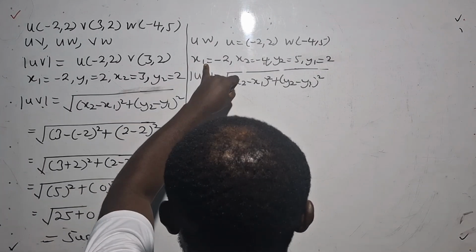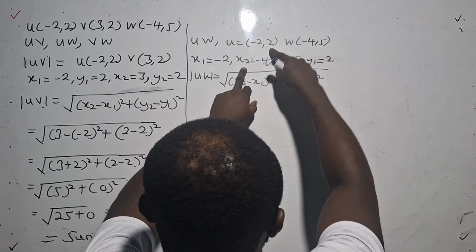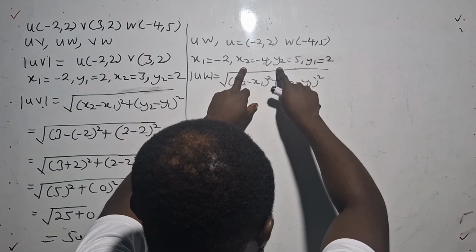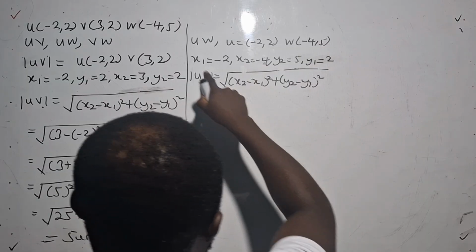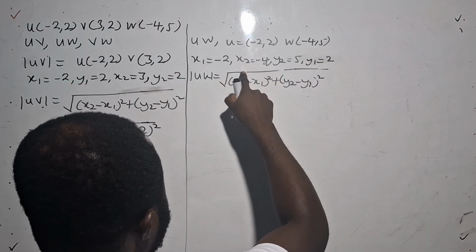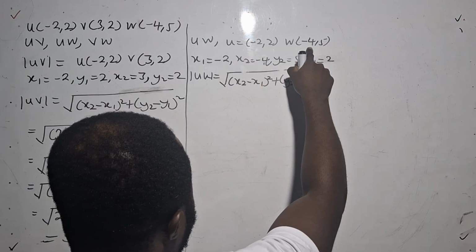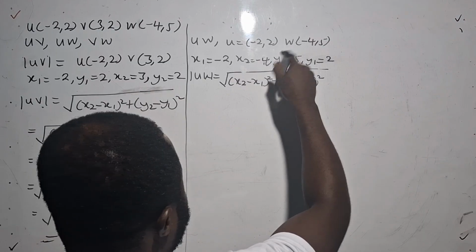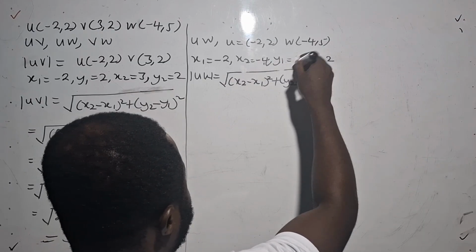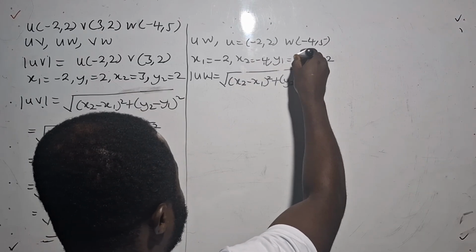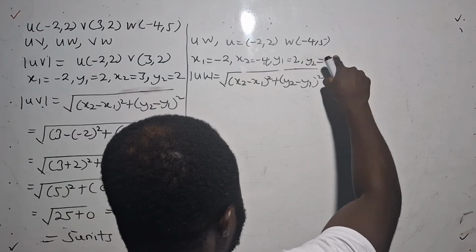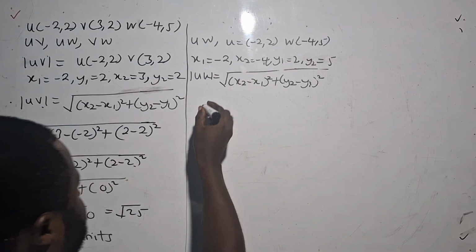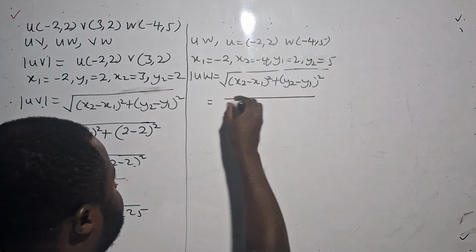The x1 is negative 2, x2 is negative 4, y1 is 2, then y2 is 5.